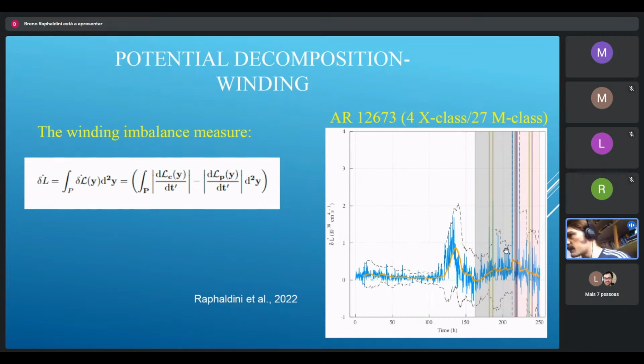And before this pair of X-class flares, we see a very large spike in the imbalance of magnetic winding, indicating that a very sharp and rapid input of magnetic topology leads to the release of energy through magnetic reconnection that is associated with these flares.